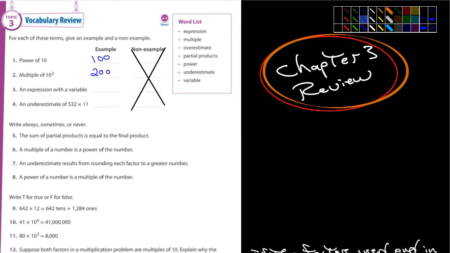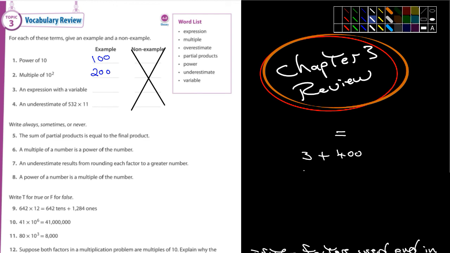All right, number 3, it says an expression with a variable. We've talked about those. I don't remember if it was late last week or early this week, I talked about expressions and I talked about variables, although I've talked about variables before. Just remember, an expression does not have an equal sign. So if I wrote 3 plus 400, that's an expression.